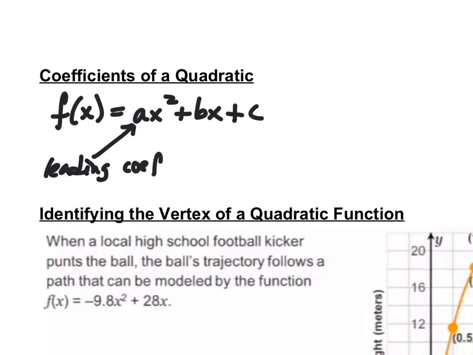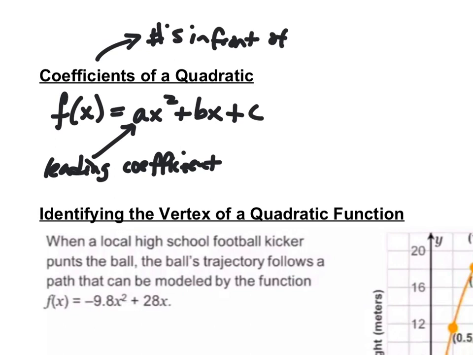When I say coefficients, those are numbers in front of the variables. So that's our leading coefficient, a, and that's next to the x squared.